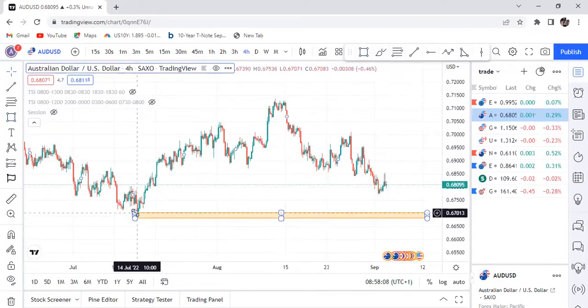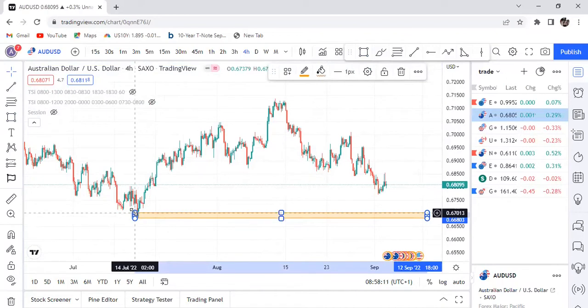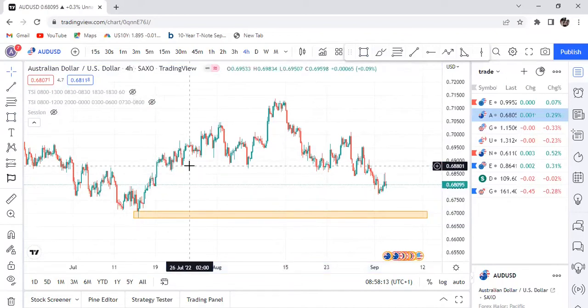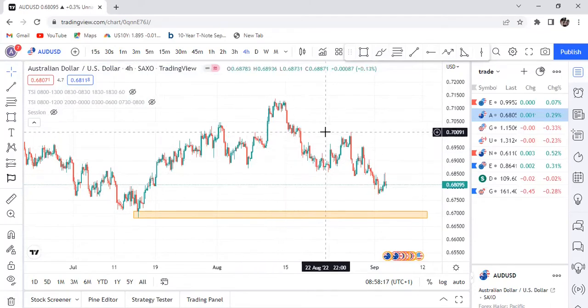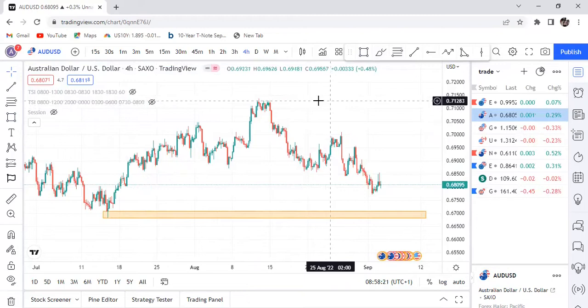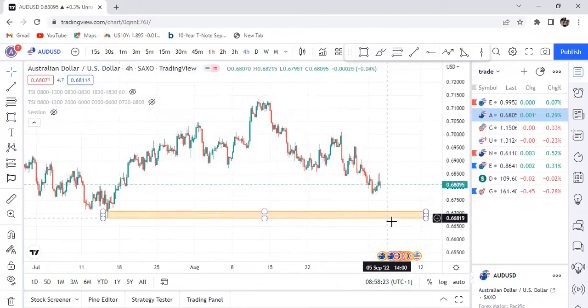There are two things we can do. We can use our measured move to check if this is the right area. There's no different way to do it, because the idea is for us to wait for the market to get to a certain point of high probability.